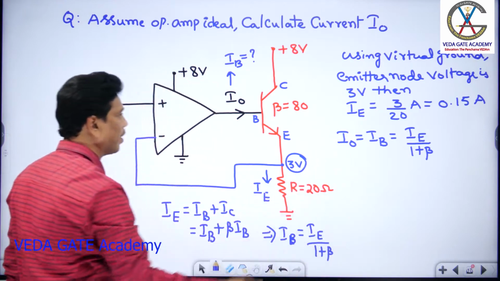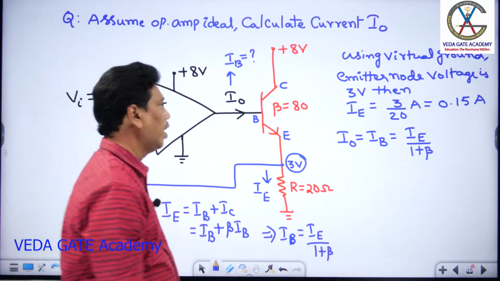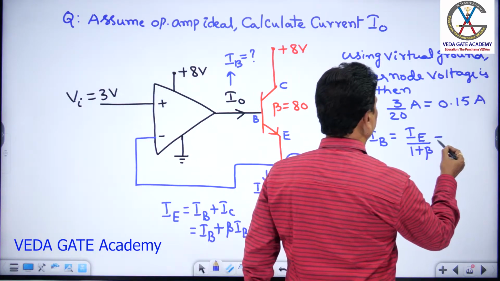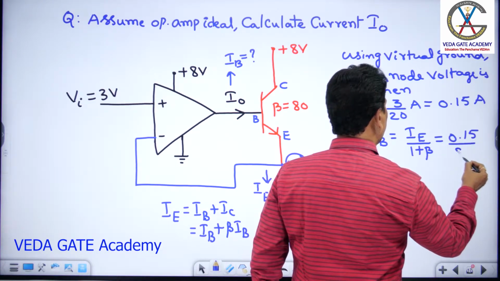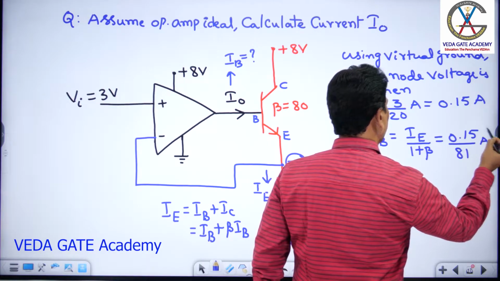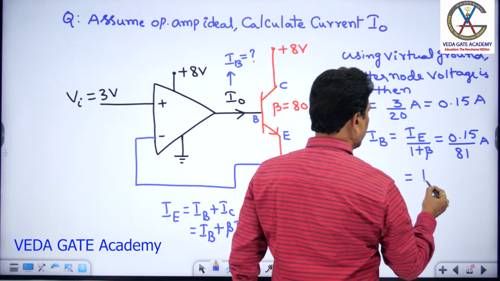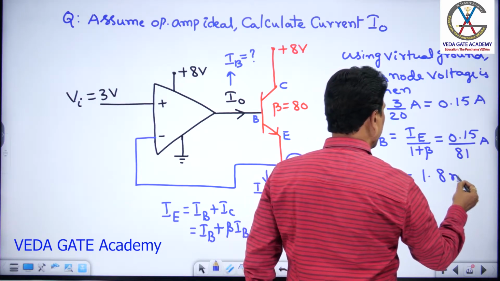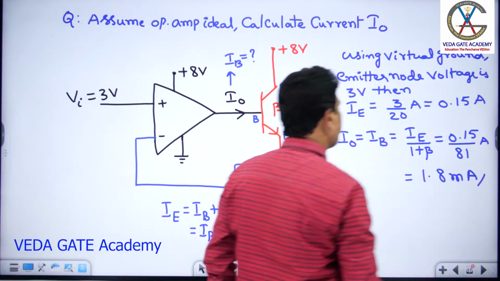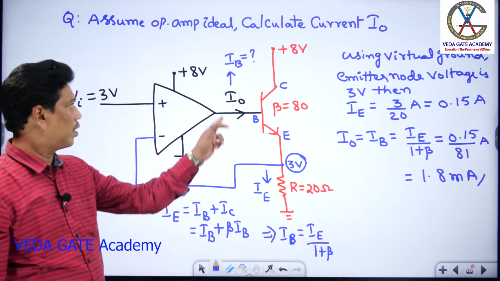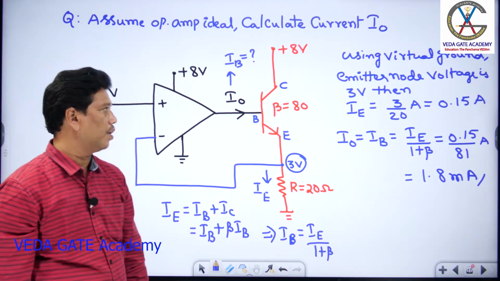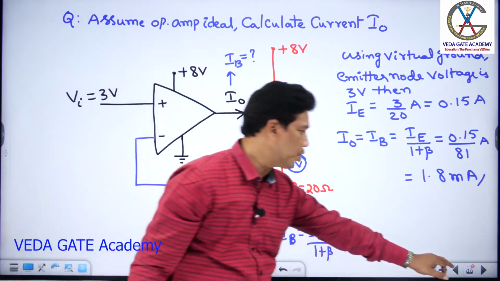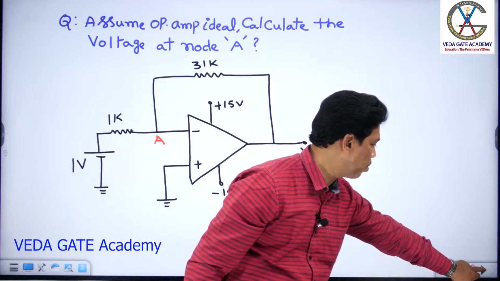By that, IB is the same as I0, IE equals 0.15, beta is 80, so that becomes 0.15 by 81 ampere. If I simplify this, the corresponding current comes to around 1.8 milliampere. So the value of I0 is 1.8 milliampere. Okay, you know this. Check out the next question.